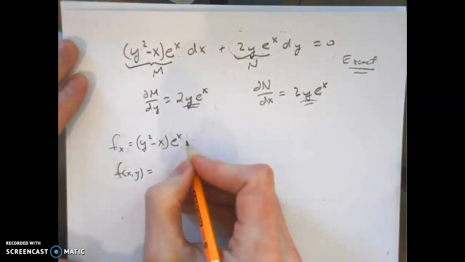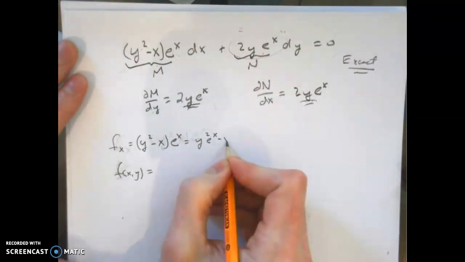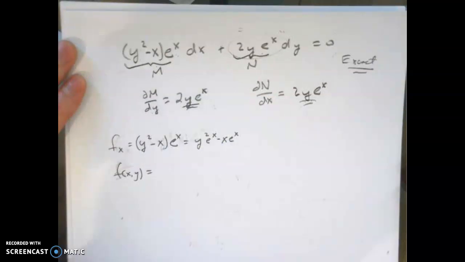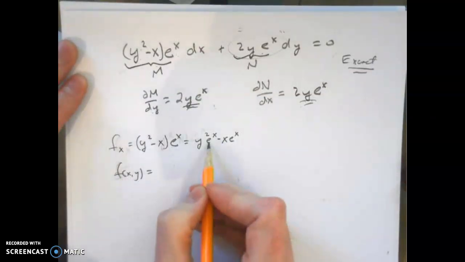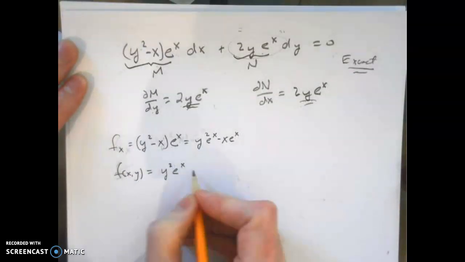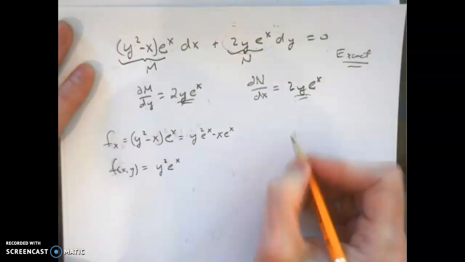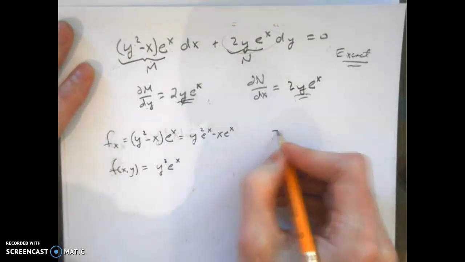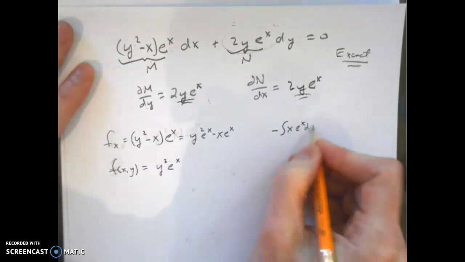Well, let's rewrite this as y squared e to the x minus x e to the x. Antiderivative with respect to x, this thing would just be y squared e to the x. I need integration by parts for this. So I'm taking the integral, subtracting integral of x e to the x dx.